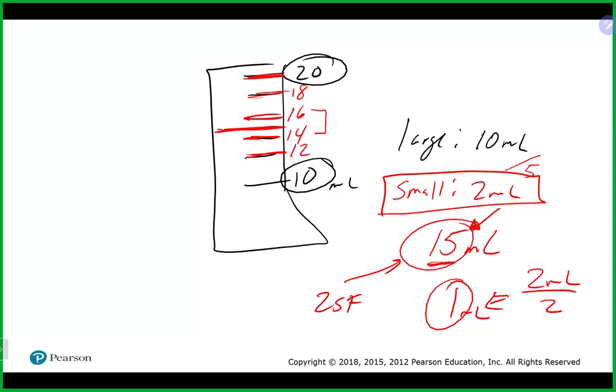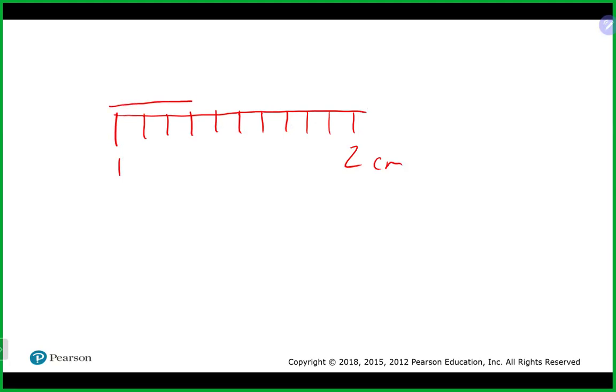All right, so let's take a look at one more example to talk about something that people often incorrectly do, maybe. Let's go back to that ruler example. So we've got the 1, 2, 3, 4, 5, 6, 7, 8, 9, 10. And let's say we were measuring our arrow, and let's say it was dead on that particular marking right there.